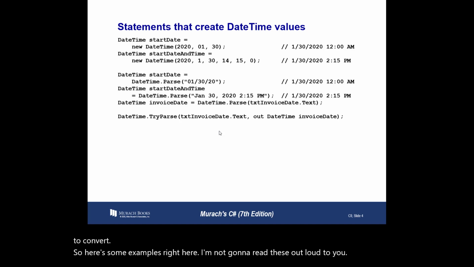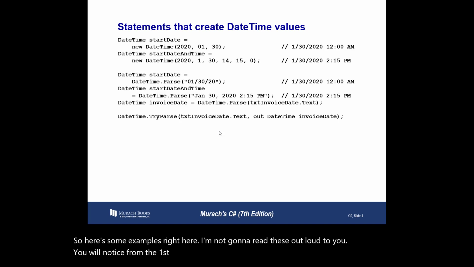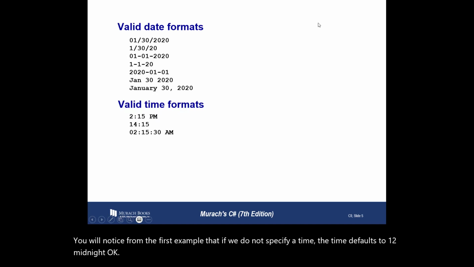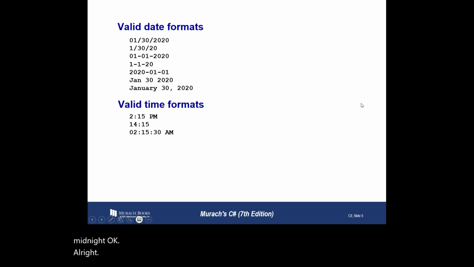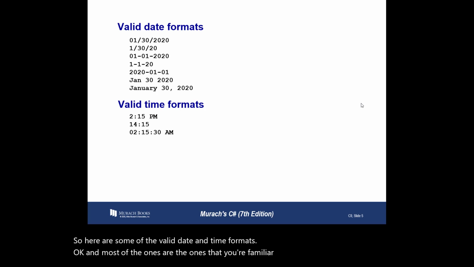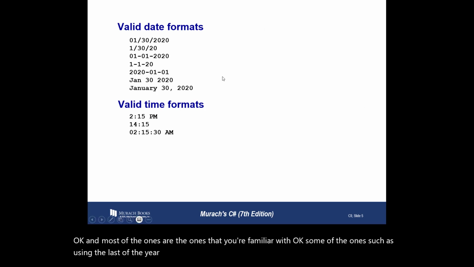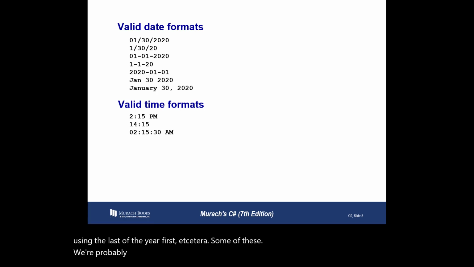You will notice from the first example that if we do not specify a time, the time defaults to 12 midnight. So here are some of the valid date and time formats. Most of them are the ones that you're familiar with. Some, such as using the year first, are probably more prevalent in other countries.